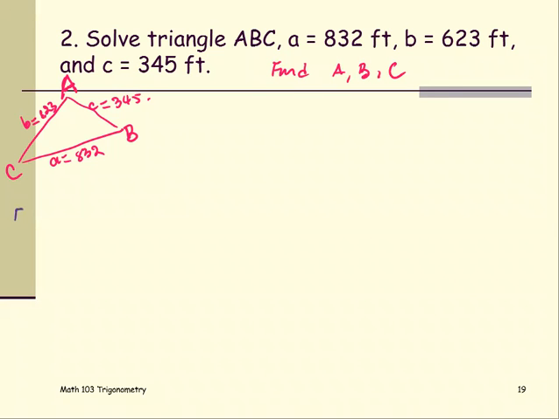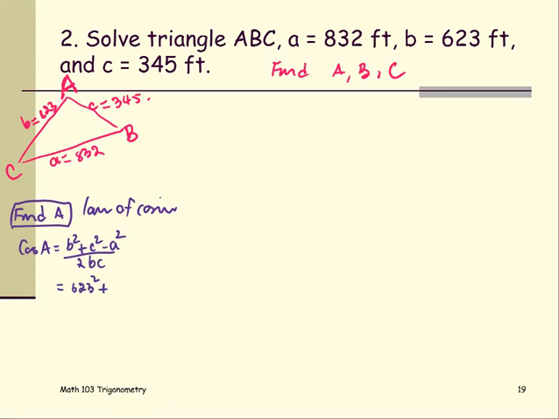To find angle A, use the law of cosines. So cosine A equals b squared plus c squared minus a squared, all divided by 2 times b times c, which means we have the square of 623 plus the square of 345 minus the square of 832, all divided by 2 times 623 times 345.